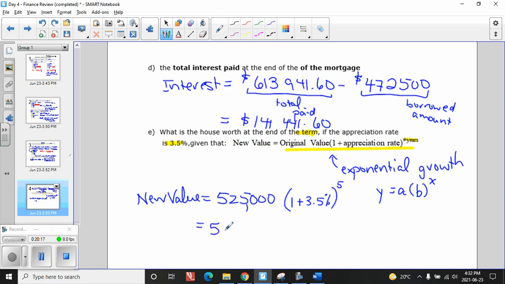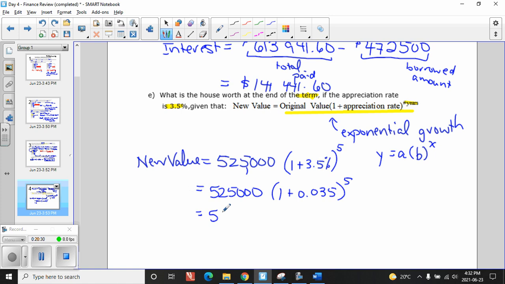To make this equation usable, I need to change 3.5% to a decimal. And you could type it into your calculator like this, or if you want to do one more simplifying step, that's 1.035 is the simplified base. For the calculator, I always recommend you do the exponent first, like following BEDMAS. Evaluate the power of the exponent first.